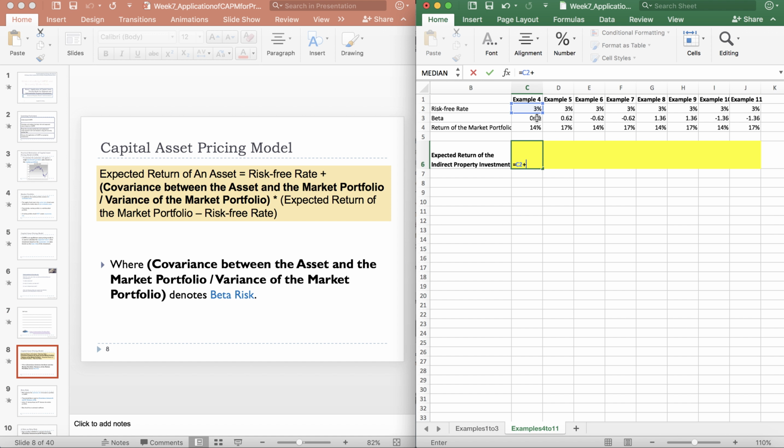So beta risk is here, then times the return of the market portfolio minus the risk-free rate in the parentheses. Then we have around 9.82% expected return for the indirect property investment. Then we can just move the cursor here and we can get all the answers.